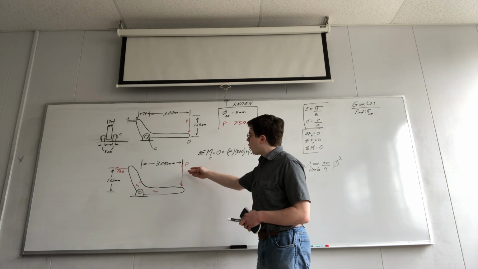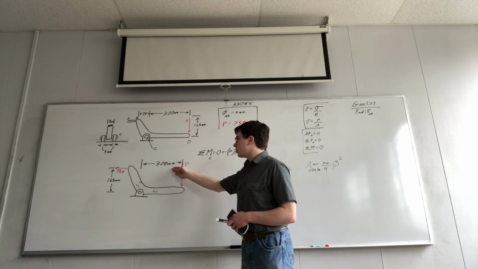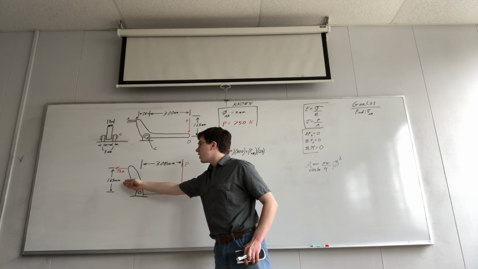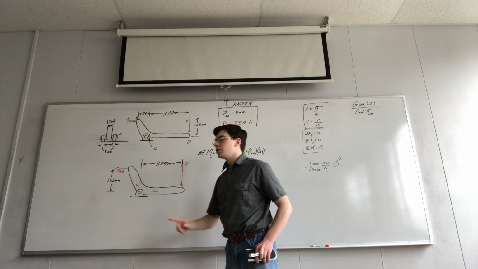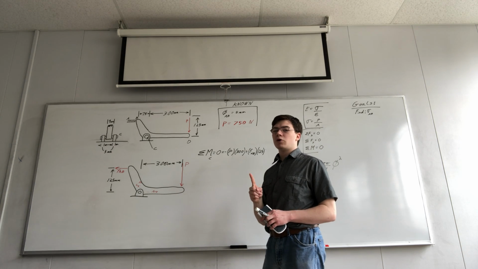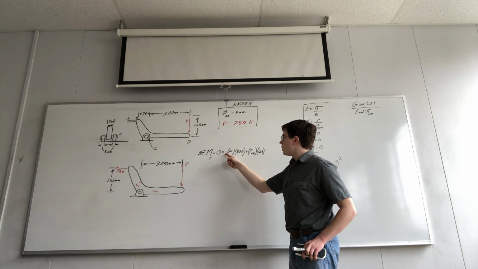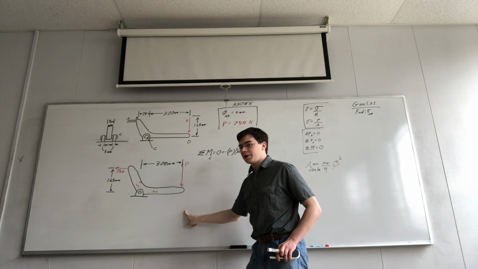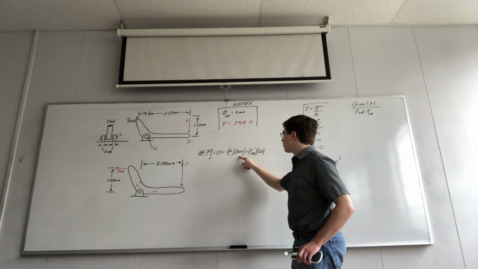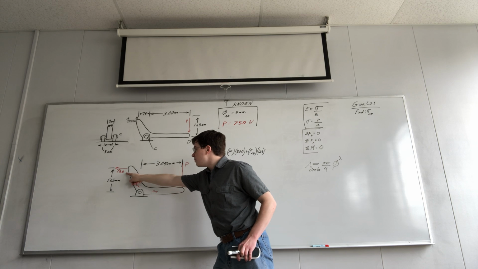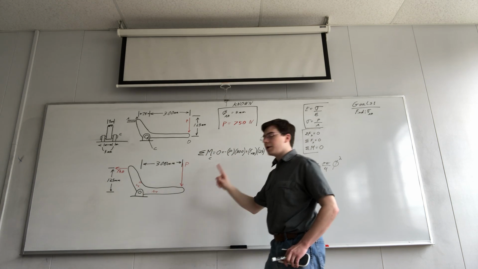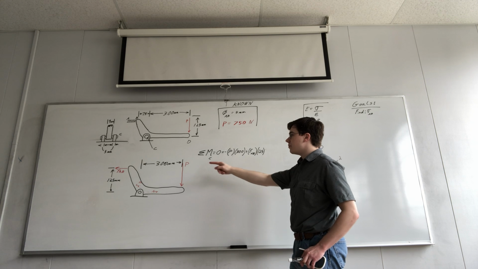Knowing that force P is 300 millimeters from pin C, and that force AB is 125 millimeters from pin C, we plug them into our summation of moment formula, where the summation of moment is equal to 0, equal to negative P, because it creates a clockwise moment around pin C, times 300 millimeters, plus force AB, because it creates a counterclockwise moment around pin C, times 125 millimeters.